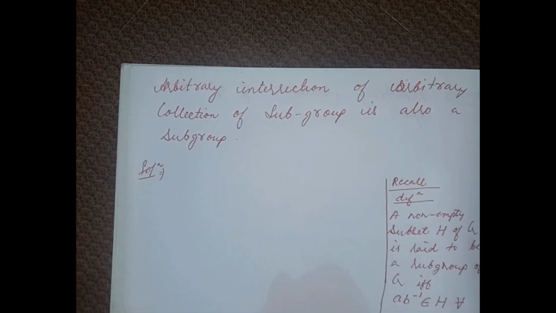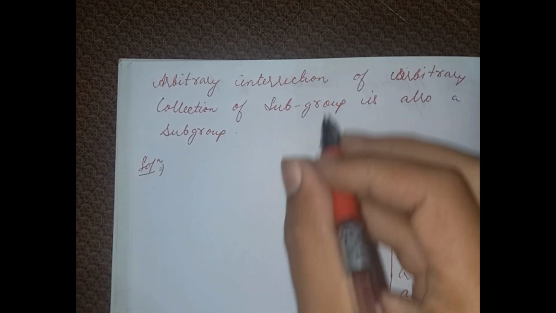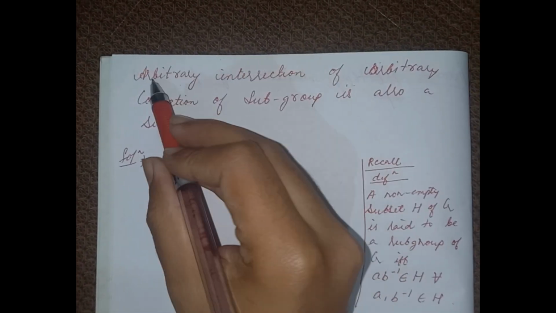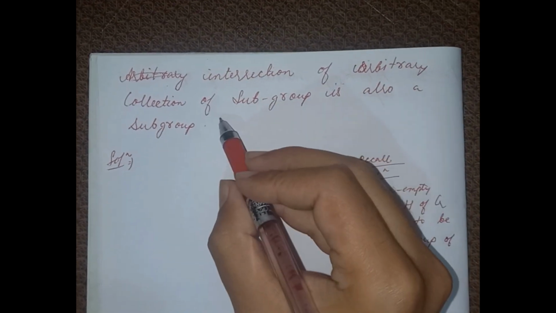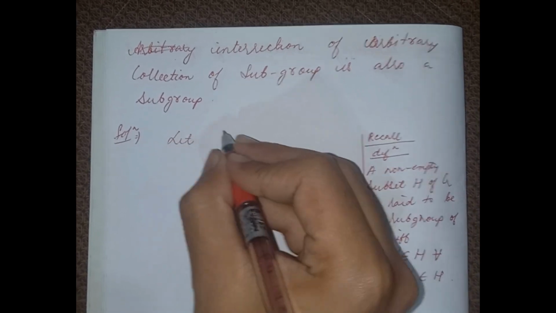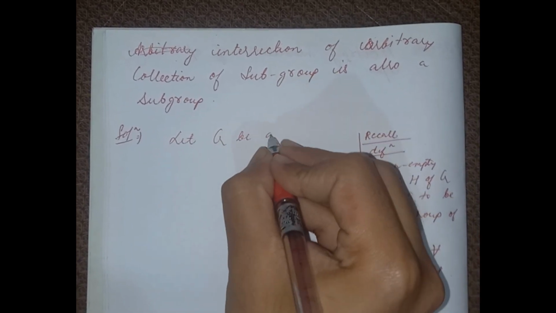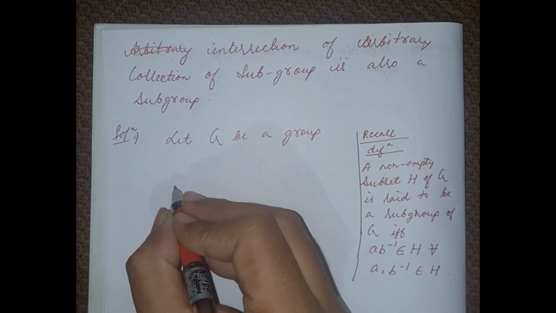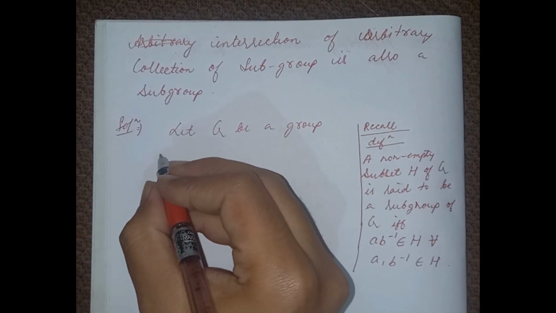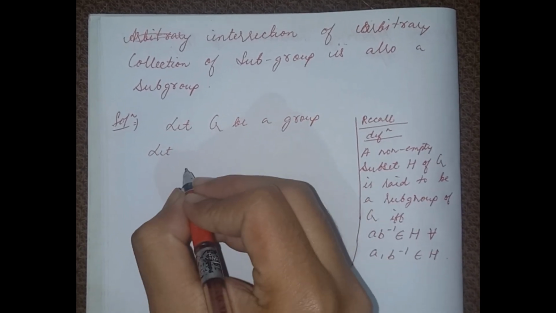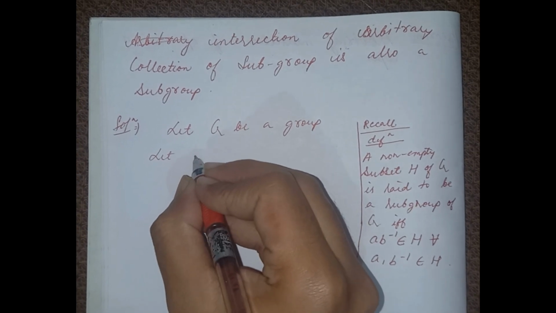Today in this video I'll be proving a theorem: the arbitrary intersection of an arbitrary collection of subgroups is also a subgroup. First, let G be a group. Then we will consider a collection of subgroups.